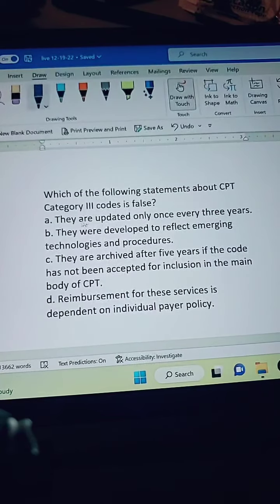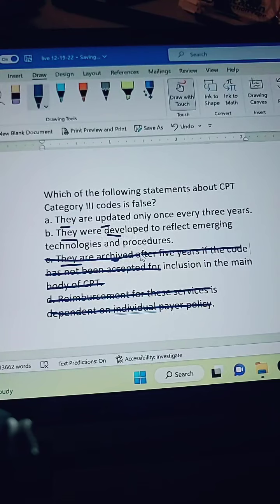Look for similarities. We have 3 that start out with the word they. This one starts out with something totally different, so we'll get rid of that one. Are they archived, developed, or updated? Archive means something totally different from the word developed, and developed and updated are sort of similar, if that makes any sense. Archive means you put them away. These mean they're being updated. So again, this one can be gotten rid of if you're still looking for similarities like I do.